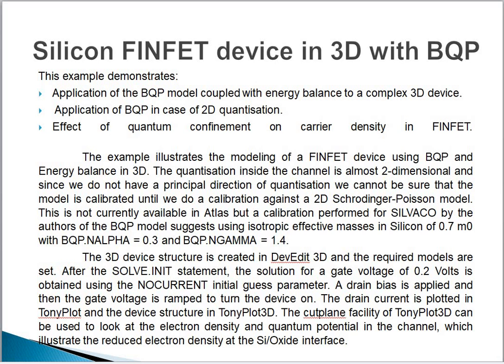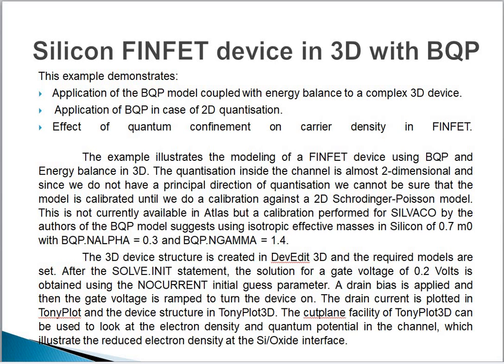This example illustrates the modeling of a FinFET device using BQP and energy balance in 3D. The quantization inside the channel is almost two-dimensional, and since we do not have a principal direction of quantization, we cannot be sure that the model is calibrated until we do a calibration against a 2D Schrödinger-Poisson model.